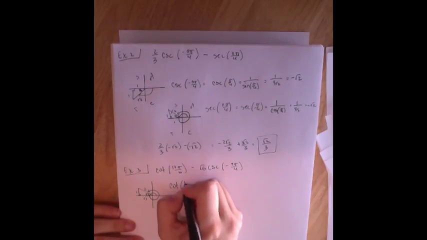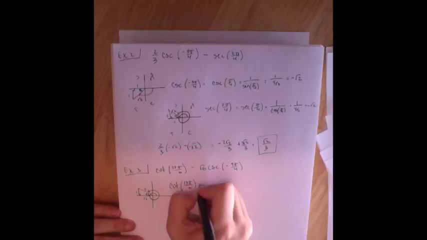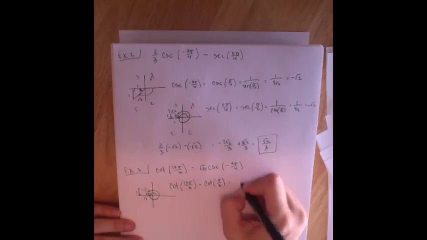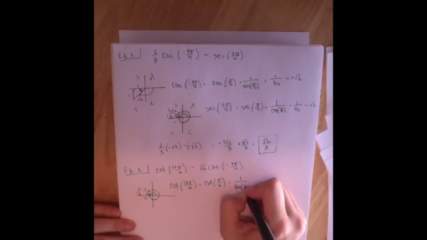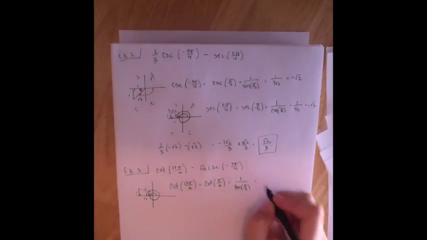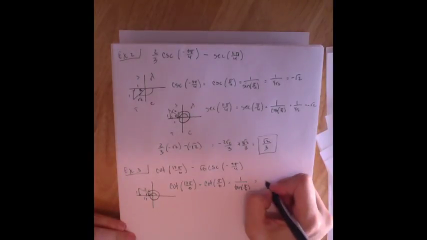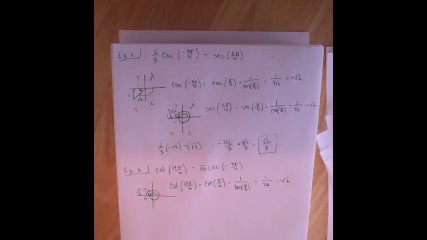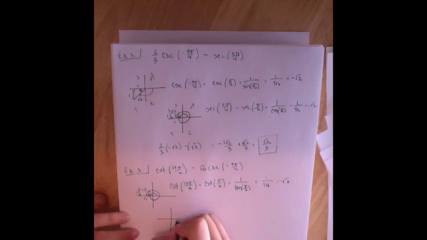So the cotangent of 17 pi over 6 is the same thing as the cotangent of pi over 6, which is 1 over the tangent of pi over 6, and the tangent of pi over 6 is 1 over root 3. So this is 1 over root 3, which gives me root 3, and it is negative because we're in the second quadrant.